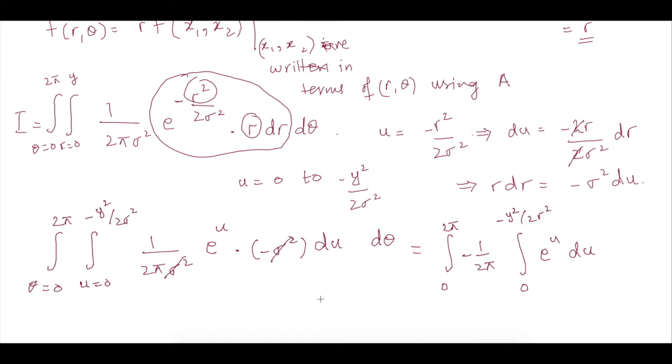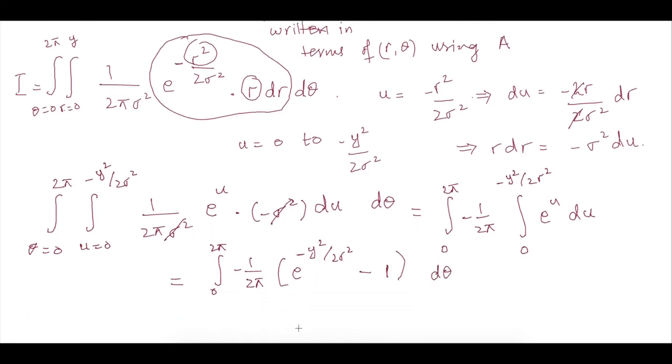Okay, so then this gives what? The integral of e^u is just e^u, so I can say 0 to 2 pi, minus 1 over 2 pi, e to the minus y squared over 2 sigma squared minus 1, because e to the 0 is 1, and then d theta. Now do we see any theta here? We don't.